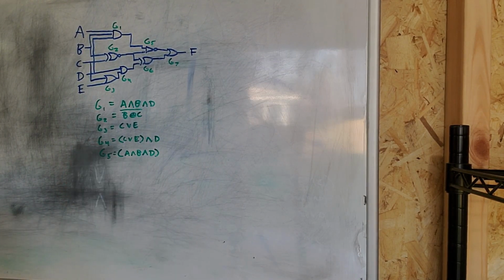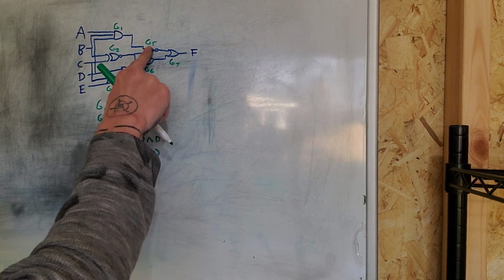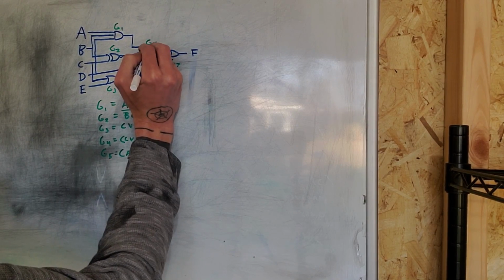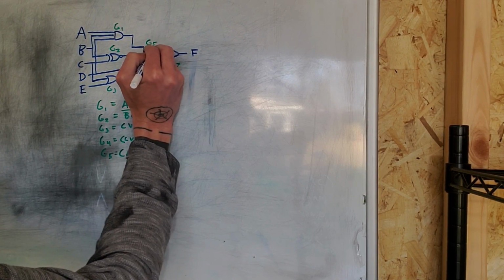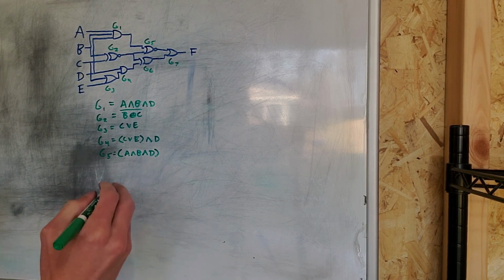So next G5. Actually, that doesn't really make sense. I should have made this a NOR gate, because an inverter is a single input gate, and we have two inputs there. So I'm going to change this to a NOR gate. So G5 would be G1 NOR G2.